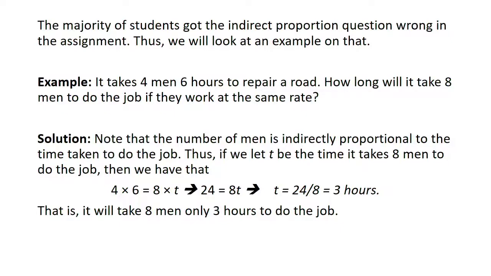You realize that when we increased the number of men, the number of hours decreased from 6 to 3. Remember, we also talked about them increasing or decreasing at the same rate. When you increase from 4 to 8, you have basically doubled the number, which means you've increased it by a factor of 2.